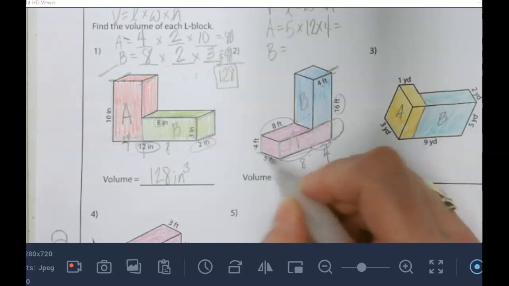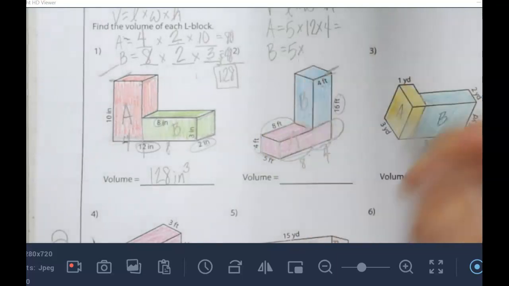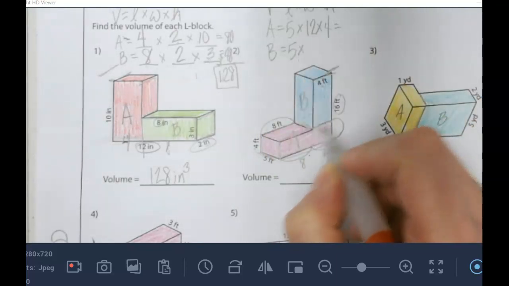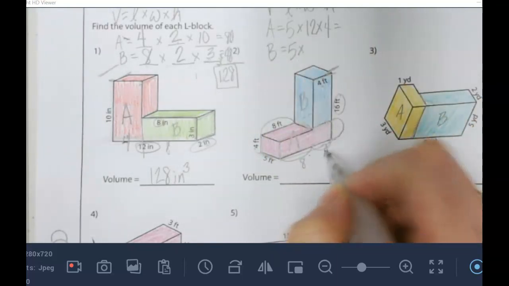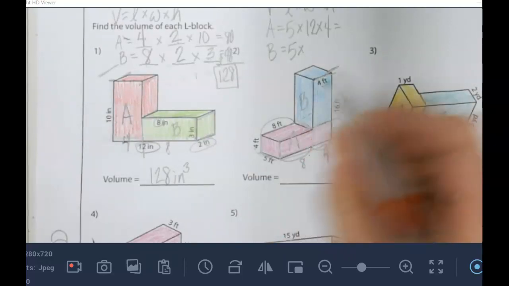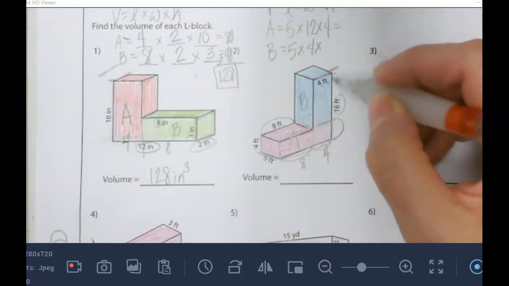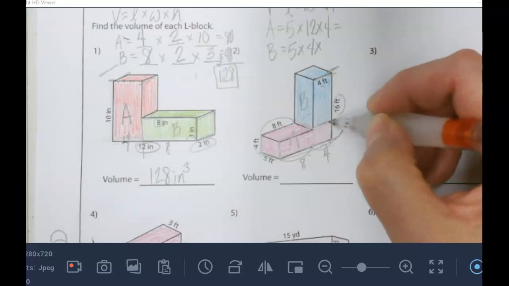It's the same as A. It's right here. It's 5. My width is just this portion, which we figured out already was 4, but we can see up here the parallel line is measured at 4.